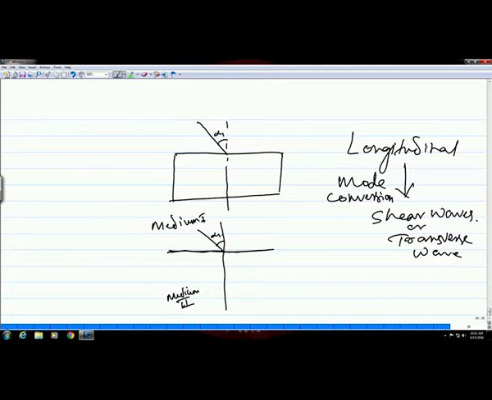then there is a possibility that a part of this longitudinal wave that you have, okay, will be converted into shear wave.